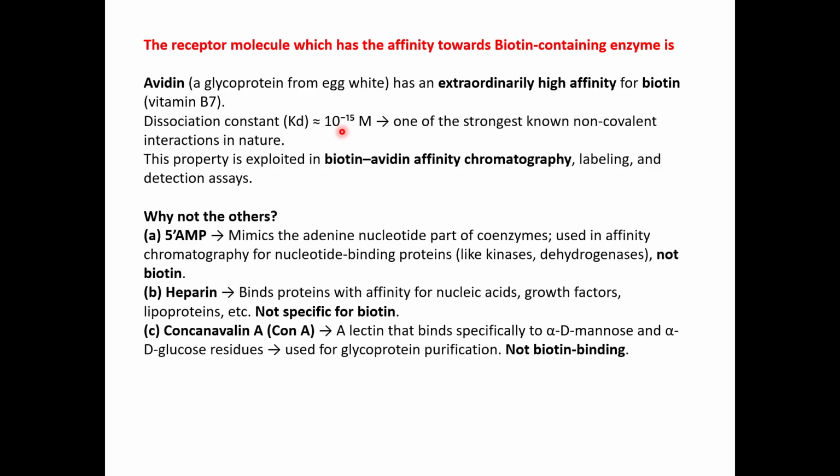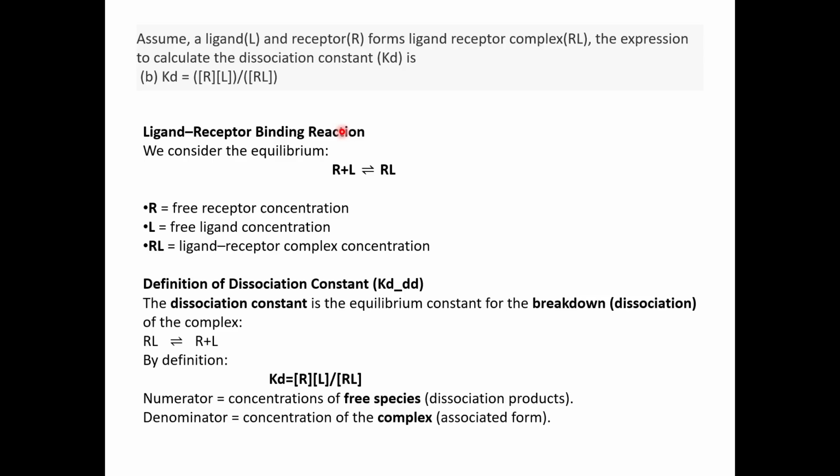So it is such a small value, such a minute value. So you can imagine how strong the binding capacity and the affinity are. So the smaller your KD value, the greater the strength of the binding partners.